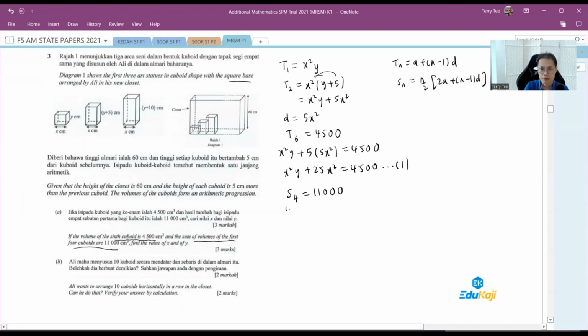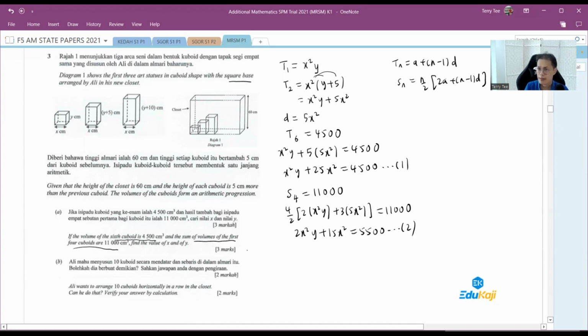So I'm going to write here 4 over 2, 2a, my a is now x squared y, n minus 1 is 3, my common difference is 5x squared. The result is 11,000. So let's just take the 2 and multiply inside. Or you can just multiply over. I think it's easier to just multiply this over instead. So we write 2x squared y plus 15x squared equals 5,500. This is your equation number 2.